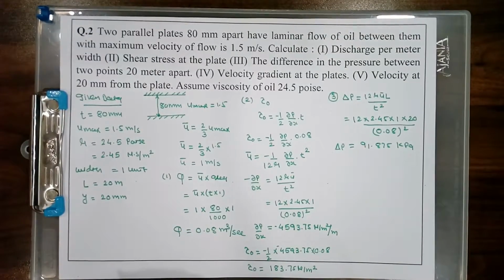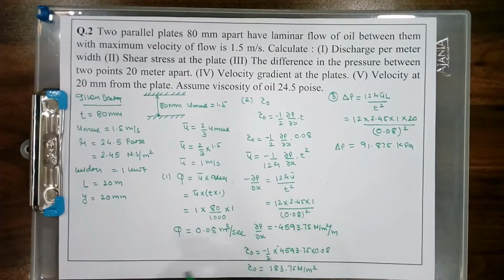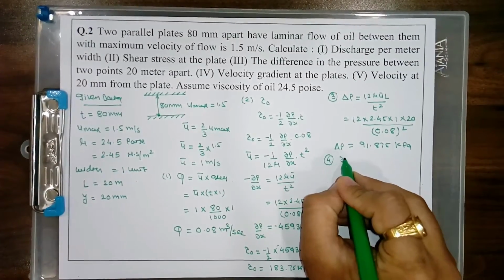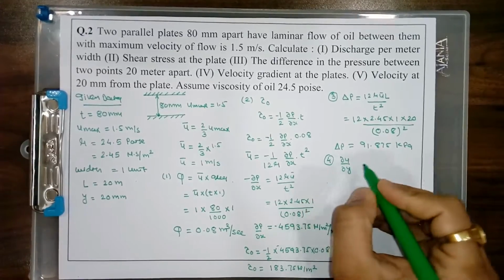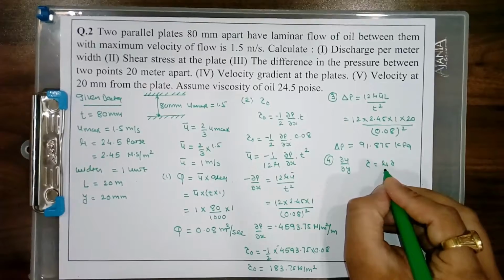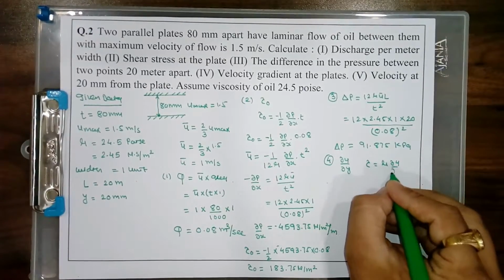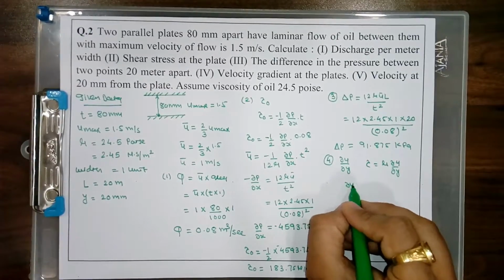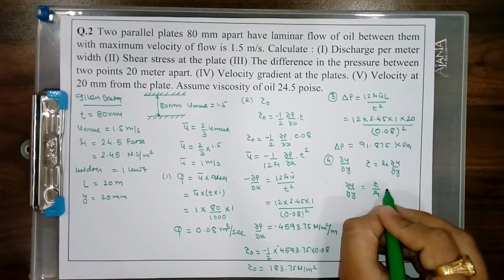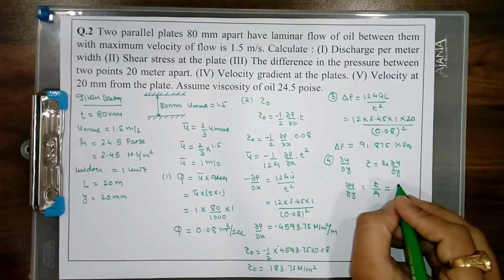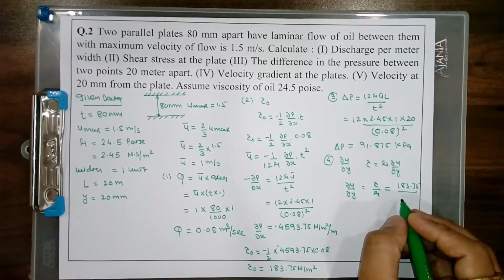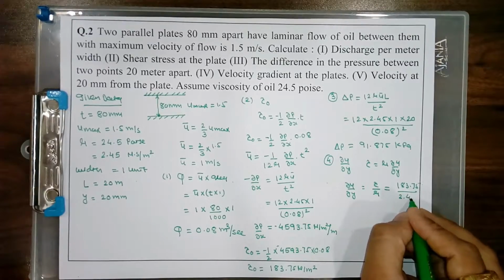Now students, the fourth one is velocity gradient, that is del u by del y. We know Newton's law of viscosity, tau equals mu del u by del y. Now we make del u by del y the subject, so it becomes tau by mu. Tau we know the value, that is 183.75 divided by mu, that is 2.45.